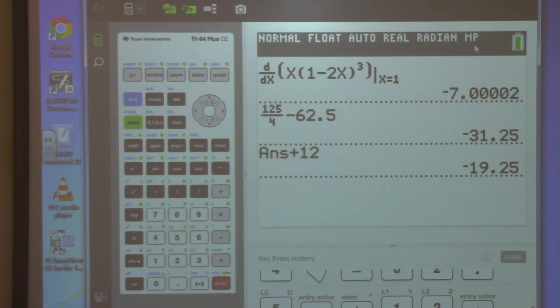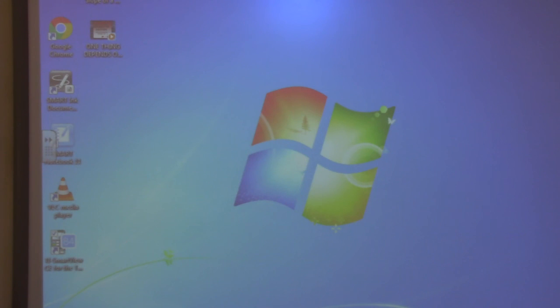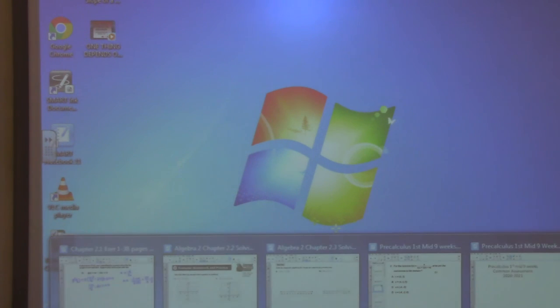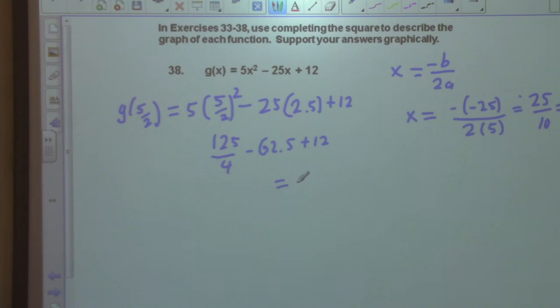So negative 19.25, is that what you got? So now we can say g of x in vertex form is going to be 5 times x minus whatever that was, 5 halves, right? Squared minus 19.25.